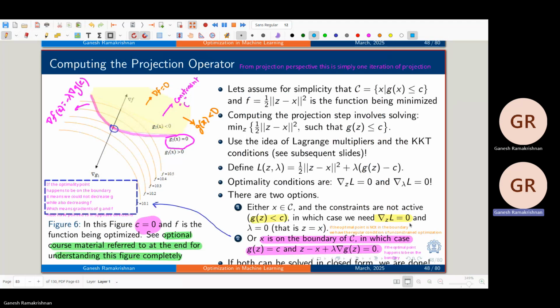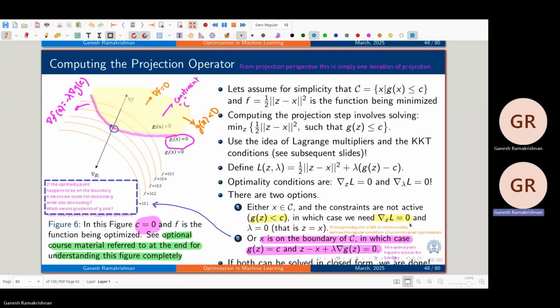There was a question earlier: is it guaranteed to lie on the boundary of the constraint? Let's say it lies on the boundary. Then what's the necessary condition? And then we'll also look at the case where it doesn't lie on the boundary. So there are two cases.